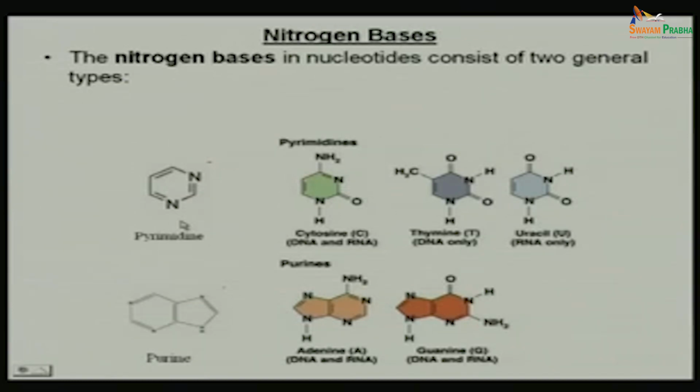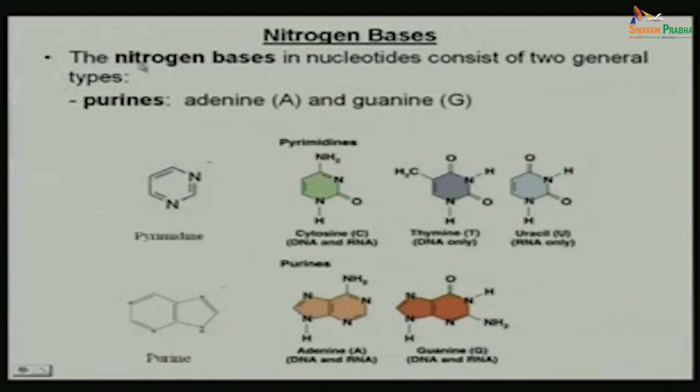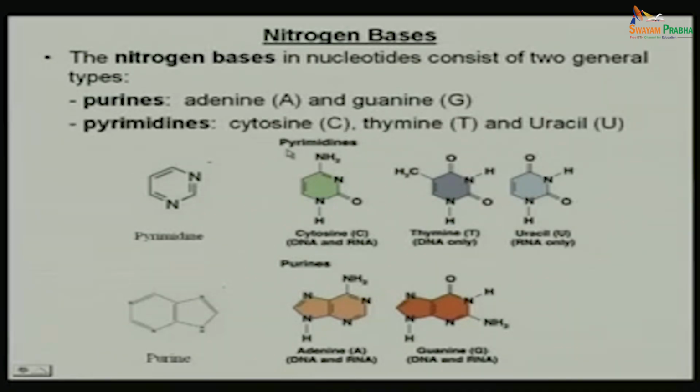Now, what is this nitrogenous base? These are the bases which are there along with the nucleotide molecules. The nitrogenous bases in nucleotides are of two general types: one is the purine, another is the pyrimidine. Pyrimidine is a nitrogen-containing heterocyclic molecule.